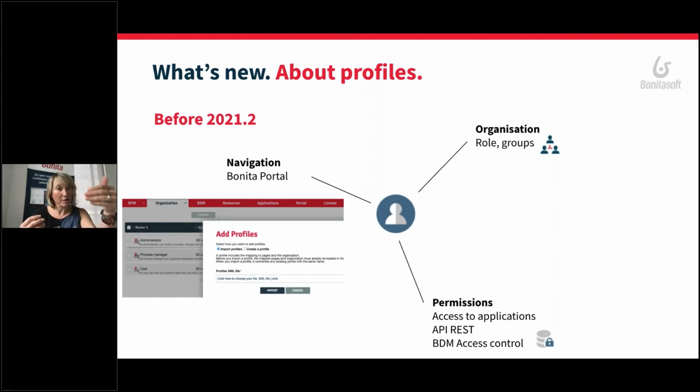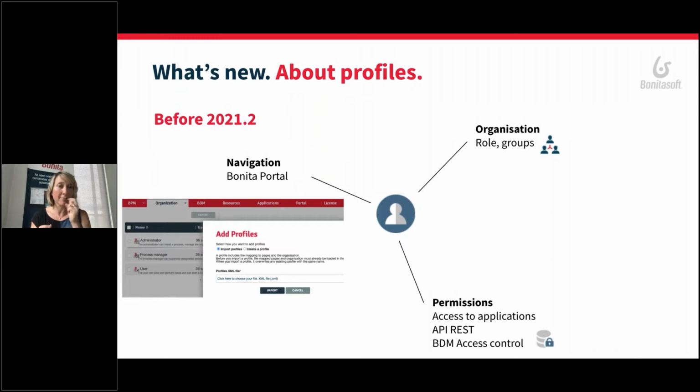That's why it's also linked to permissions, because we need to make sure that the profile is belonging to an organization and has specific permissions to access some applications, permissions to access API REST, and in Bonita Enterprise, the BDM access control as well.